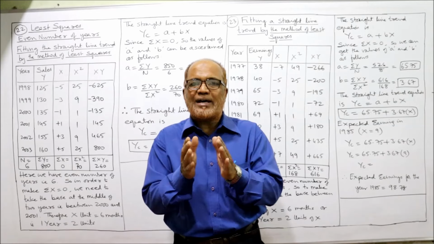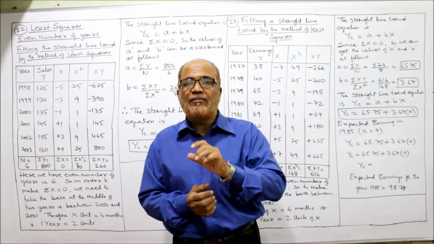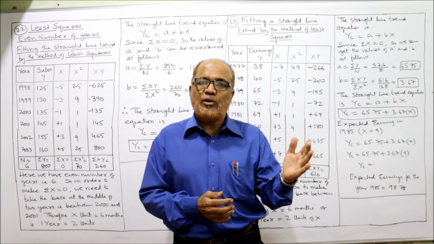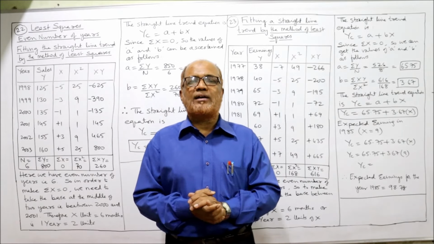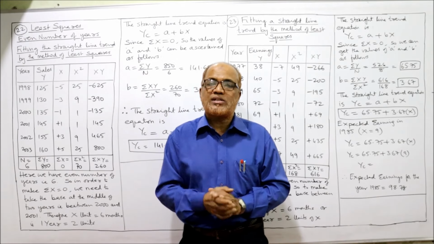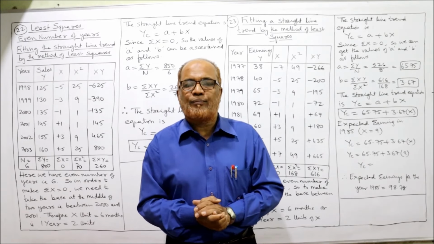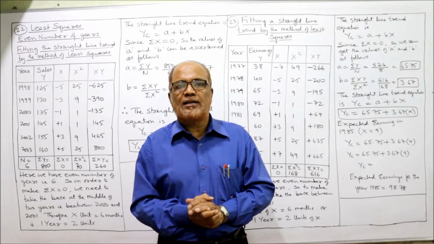In the least squares method also we have two types: odd number of years and even number of years. In the previous video I showed you how to find the straight line trend by the method of least squares when an odd number of years is given. Odd number of years like 5, 7, 9, 11.